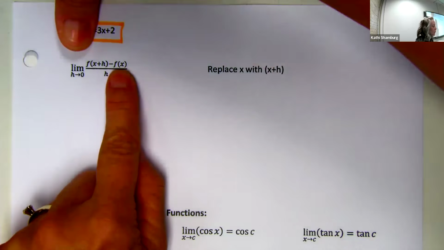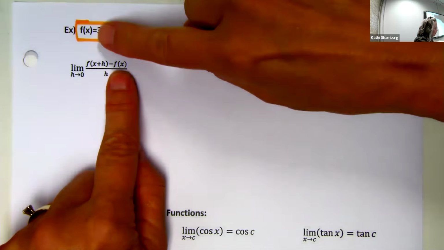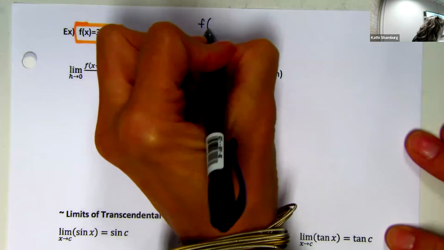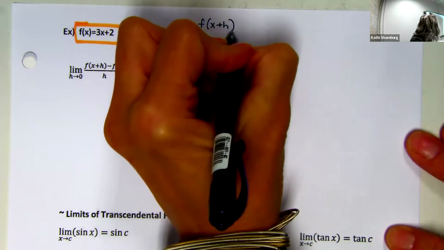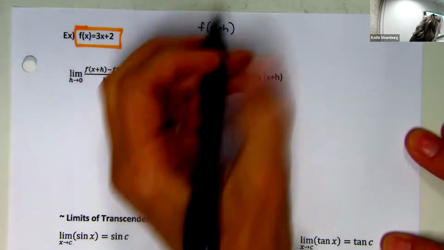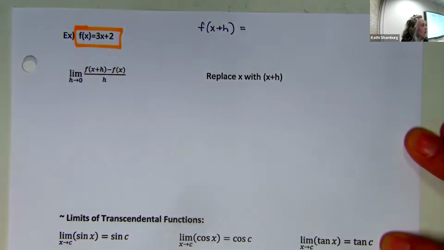That's 3x plus 2. So in place of this f of x, I'm going to put 3x plus 2. But I also need to know f of x plus h. So I'm going to take the equation given, and everywhere there's an x, what am I going to replace it with?